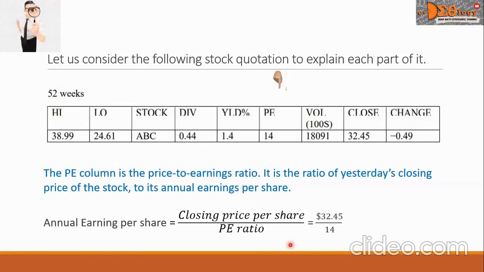And we can compute this. We will get the values 32.45 over this PE ratio 14, and the answer is $2.32. This is the annual earning per share.